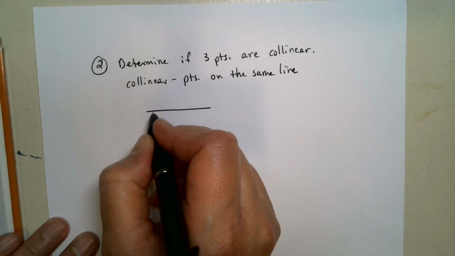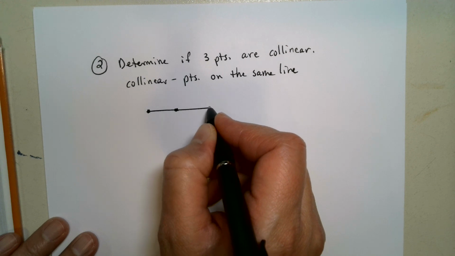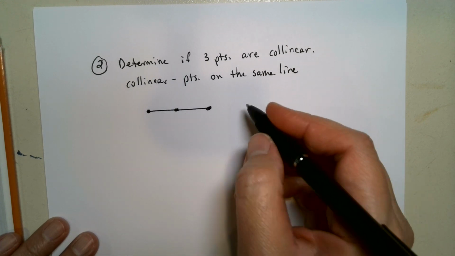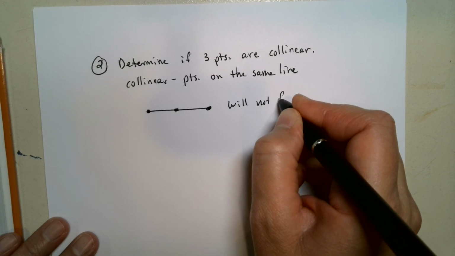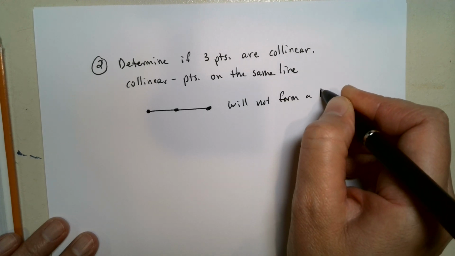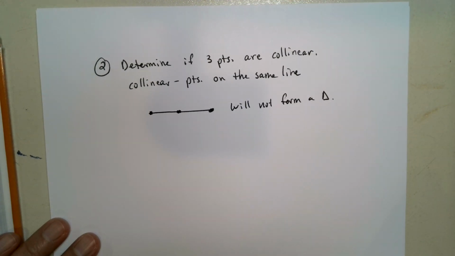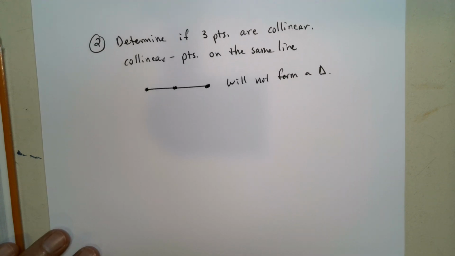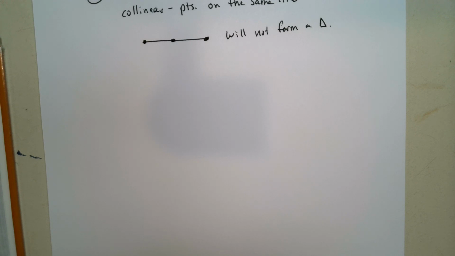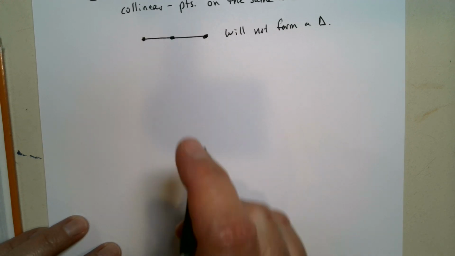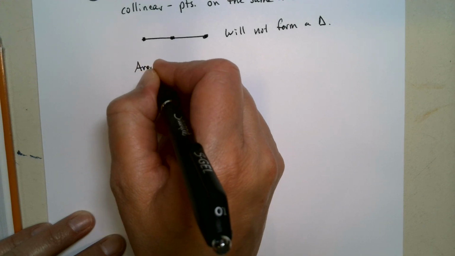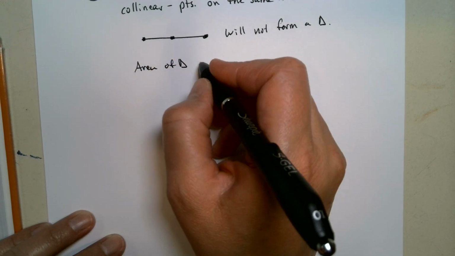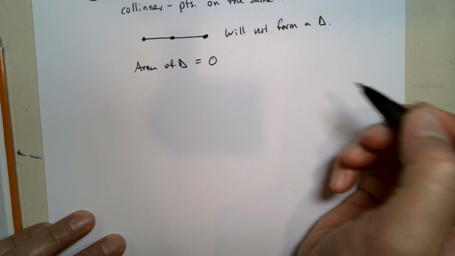Well, if we have 3 points on the same line, those 3 points will not form a triangle. So collinear points cannot make a triangle. So to determine if 3 points are collinear, you are going to see if the area of a triangle formula is equal to 0.